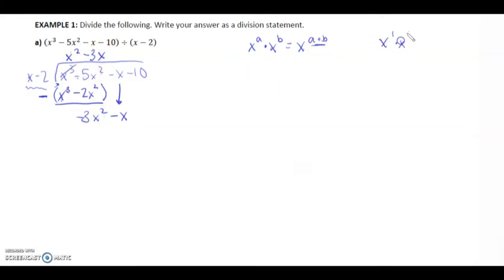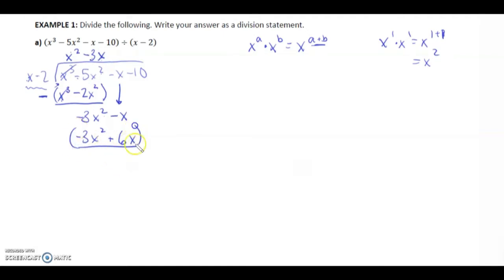X to the 1 times x to the 1 is going to give us x squared. So negative 3x times x is going to give us negative 3x squared. And negative 3x times negative 2 is going to give us 6x.